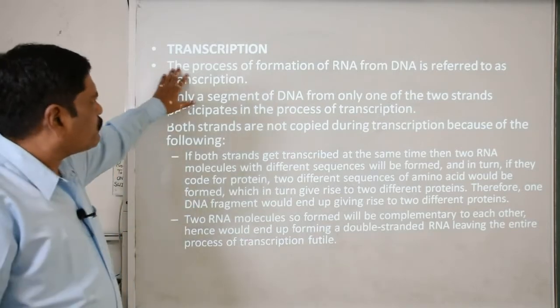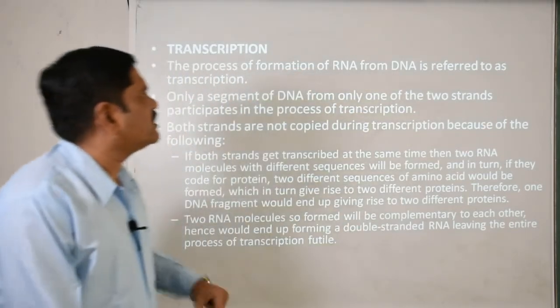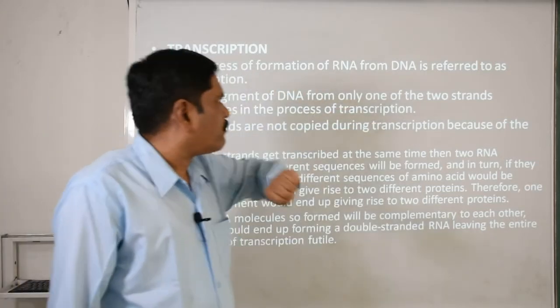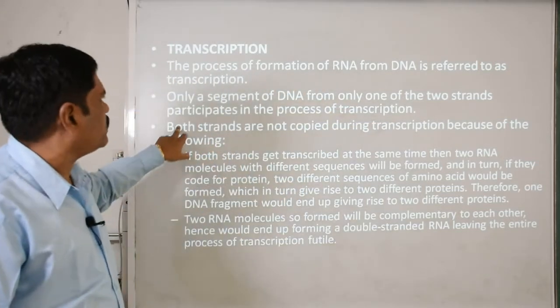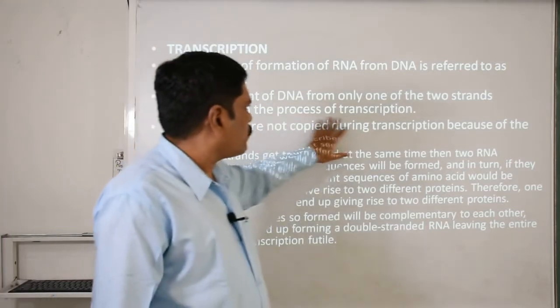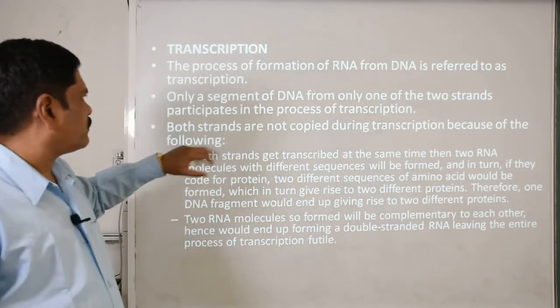So now the process of formation of RNA from DNA is referred to as transcription, and only a segment of DNA from only one of the two strands participates in transcription. Both strands are not copied during transcription because of the following.